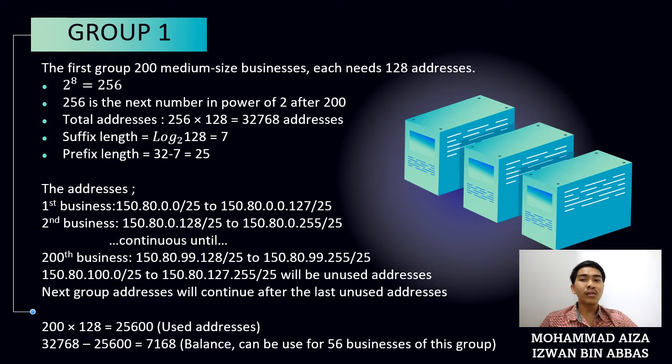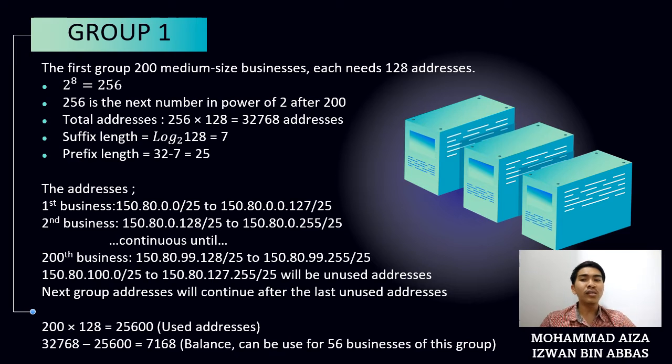For the second business, the addresses are 150.80.0.128/25 to 150.80.0.255/25, and it will continue until the 200th business, which is 150.80.99.128/25 to 150.80.99.255/25.